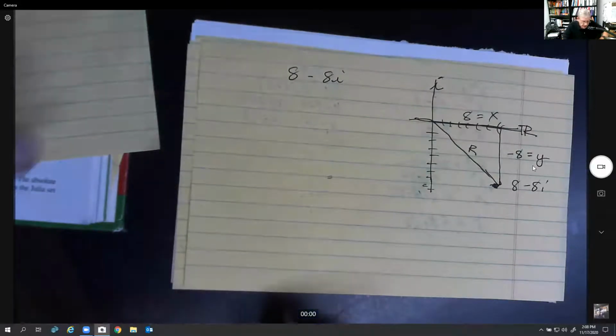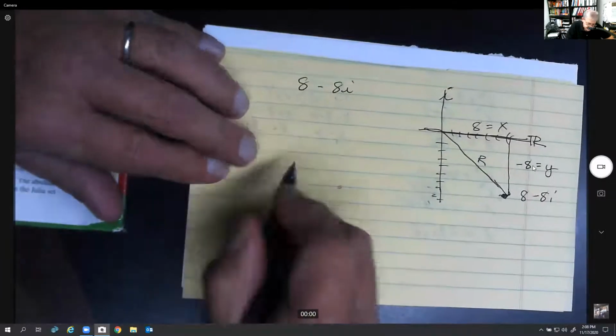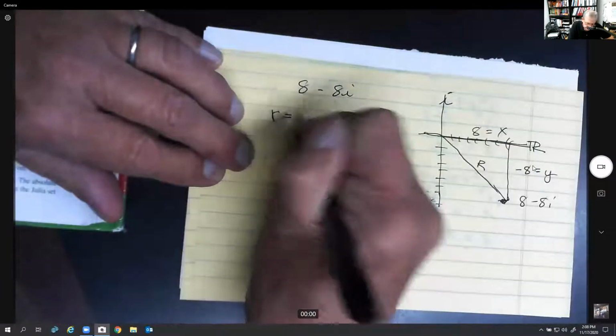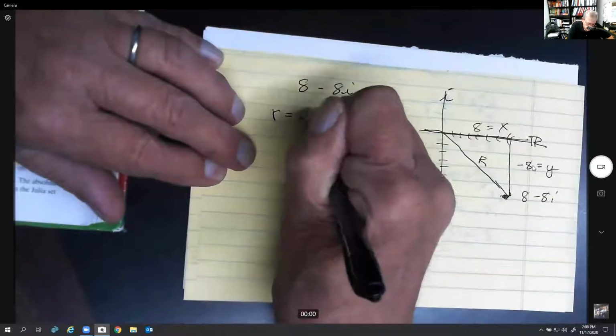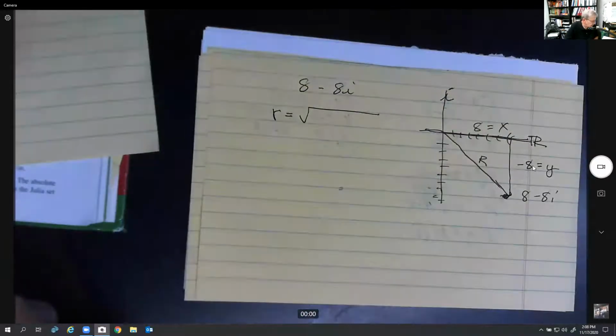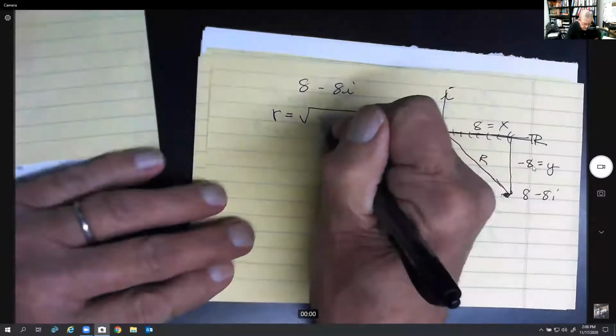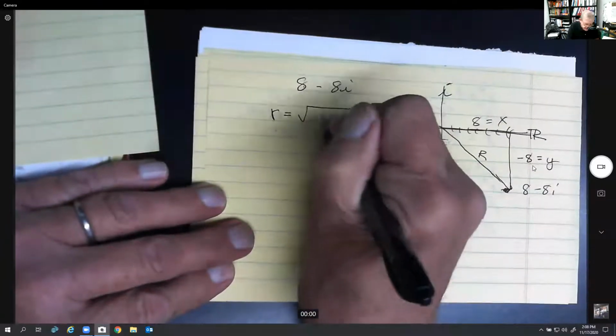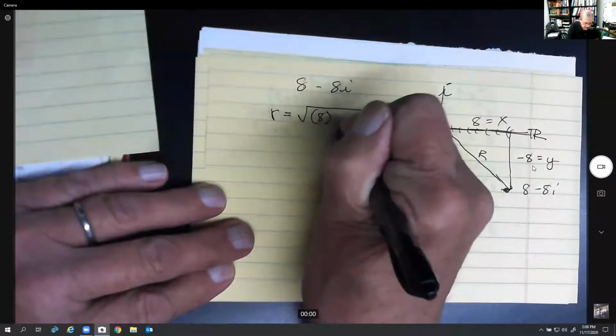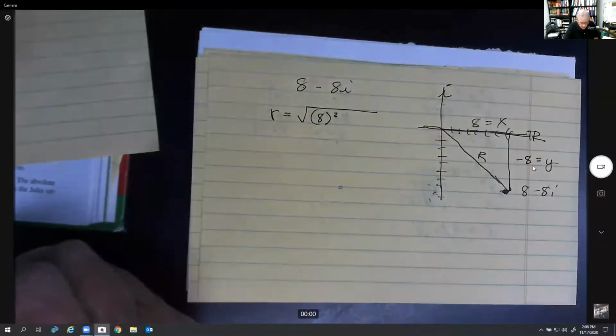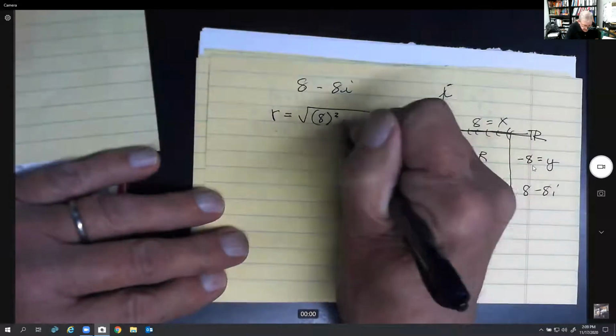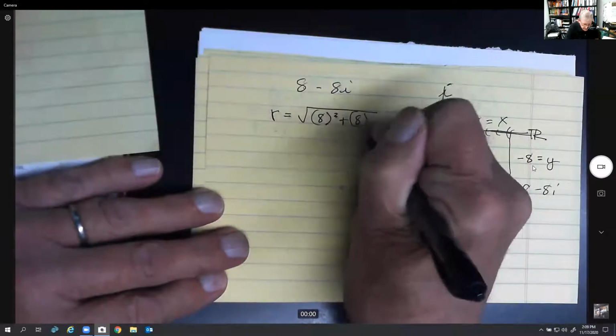The next thing we want to do is figure out our radius. The radius is simply the square root of, when we put this in, we're not going to put in the i necessarily. We're just going to put in the x coordinate, 8 squared. And if we want to put in a negative 8, it wouldn't matter because this would be 8 squared.